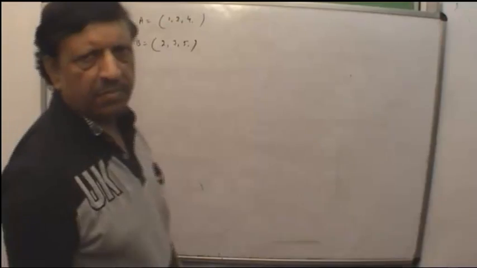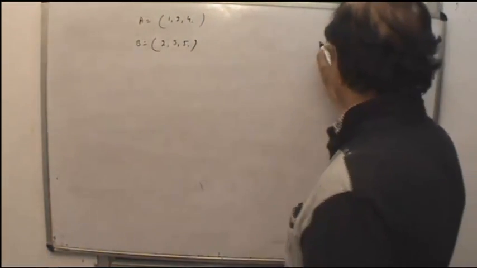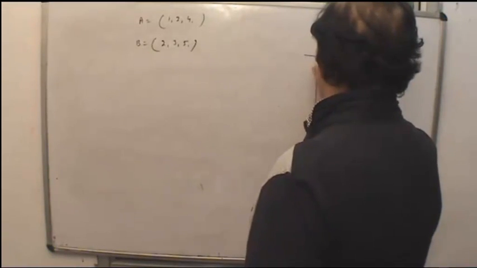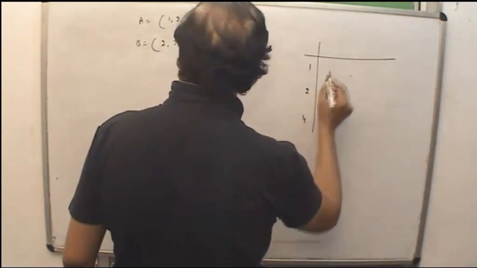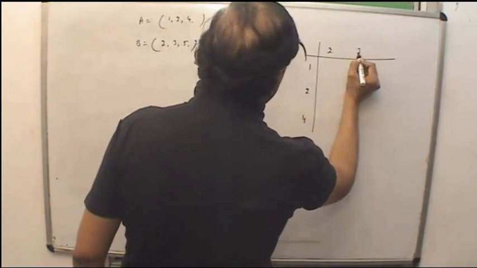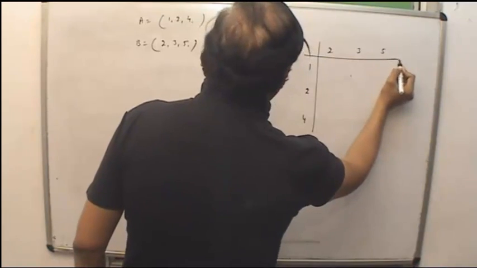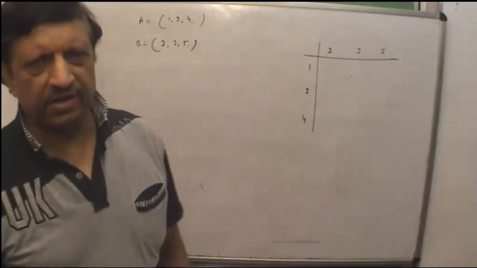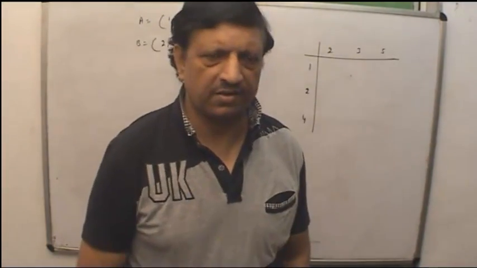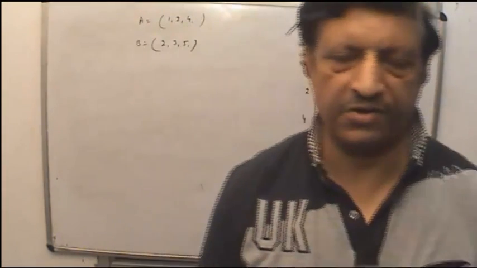The cardinal number may or may not be the same. Let us find the Cartesian product, A cross B. But we are not interested in finding the Cartesian product; we are interested in generating a relation.